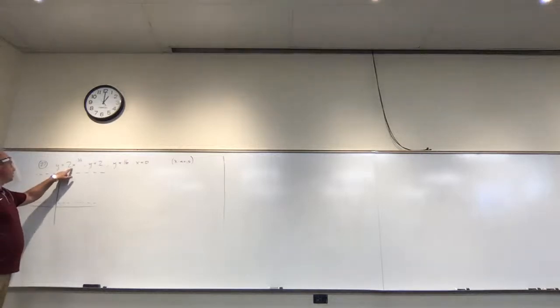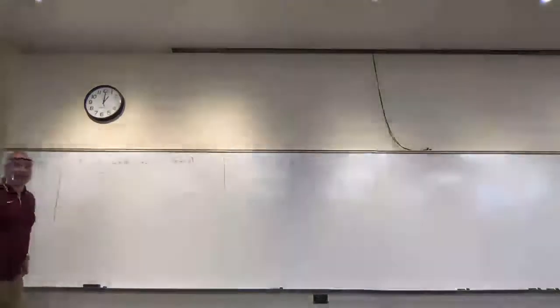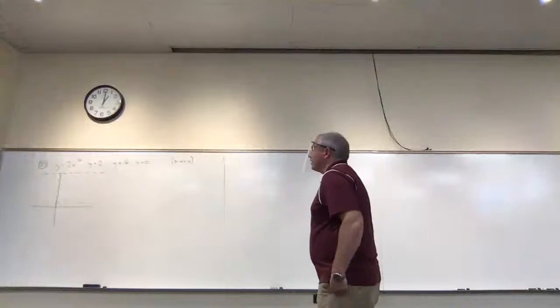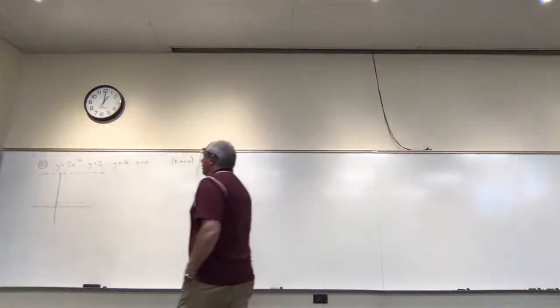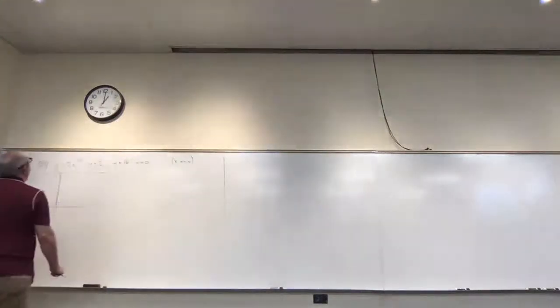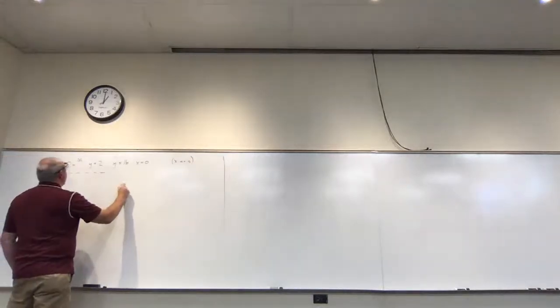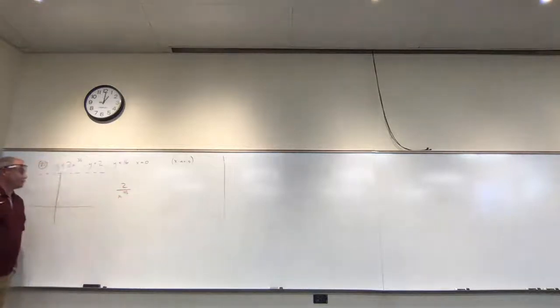So what does y equal 2x to the negative 3/2 look like? I don't have my calculator on me right now, but what should it look like? So that's 2 over x to the 3 over 2, correct?